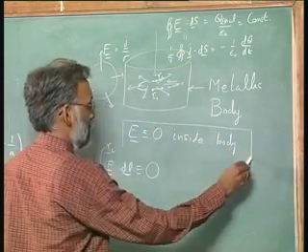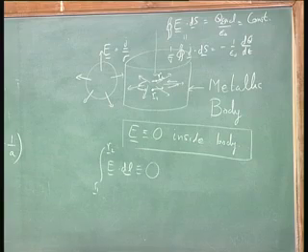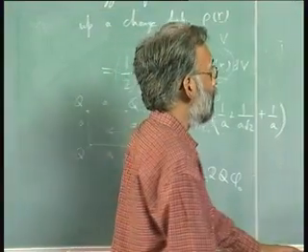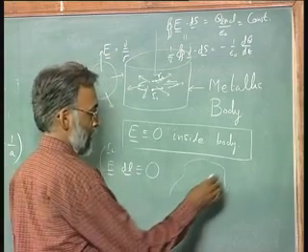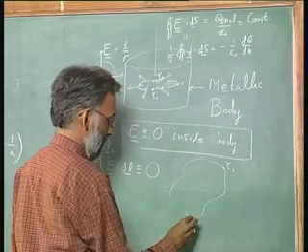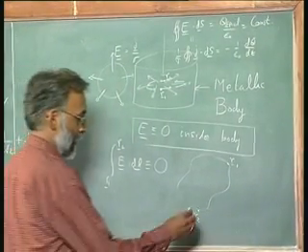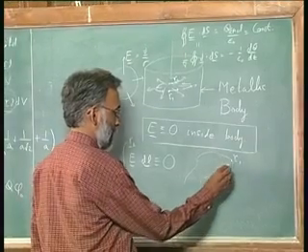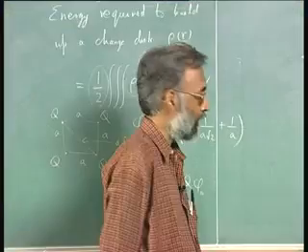The electric field is 0 inside a body. Now, if that is so, then there is an obvious conclusion. The conclusion is, if I have any metallic body and I take any 2 points r1, r2, and I draw a line connecting r1 and r2 that is entirely inside the body.